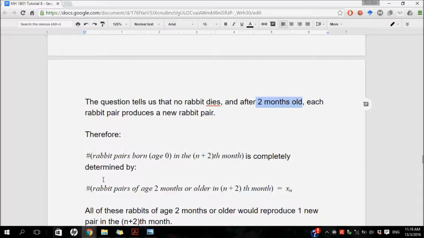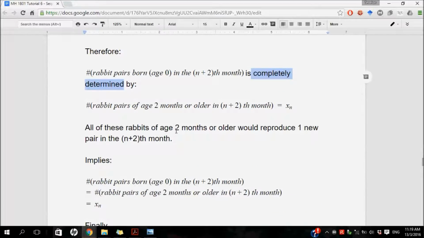This is to say that this number is completely determined by the number of rabbit pairs of age 2 months or older in the n plus 2th month. And we found out what the number is. It is xn. So all of these rabbit pairs of age 2 months or older, they would reproduce one new pair in the n plus 2th month. And this would account for all the possible rabbit pairs that are born in the n plus 2th month.